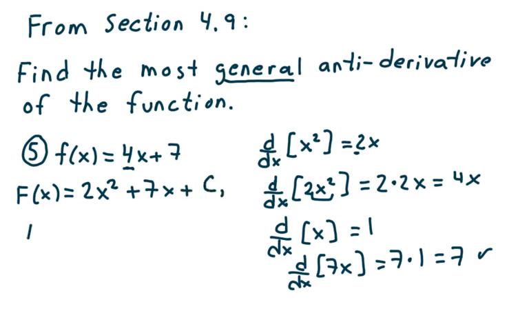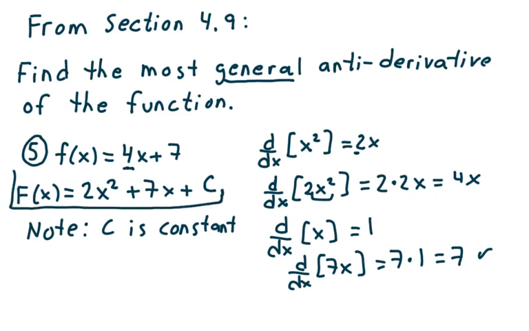And note here, c is a constant. And the derivative of any constant is 0. And so this is the correct answer for problem number 5.